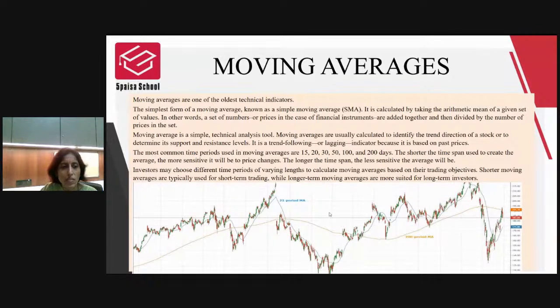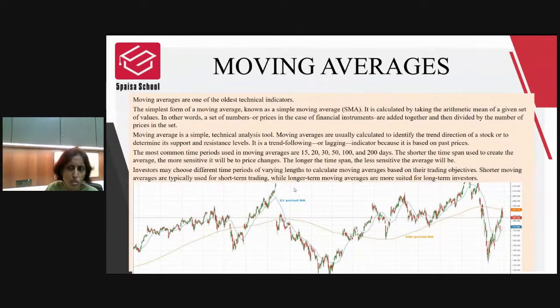The most common time periods used in moving averages can be 15 days, 20 days, 30 days, 50 days, 100 days, and 200 days. The shorter the time span used to create the average, the more sensitive it will be to price changes.